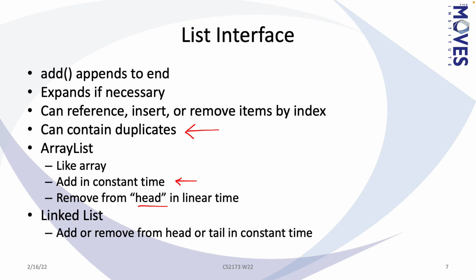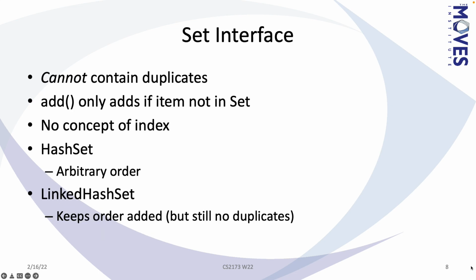Okay, that may sound a little on the abstract side, but let's move on to another type of data structure, which is the set. Now, the difference between a set and a list is right up front. A set cannot contain duplicates. So a set is analogous to a mathematical set.